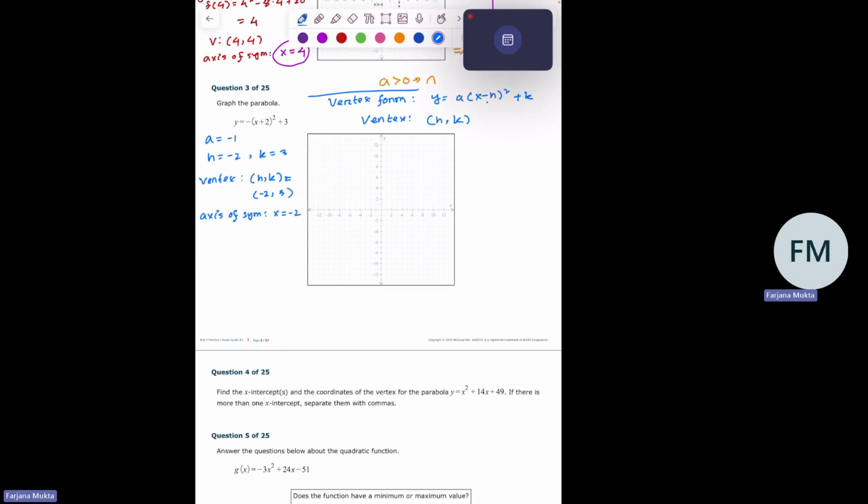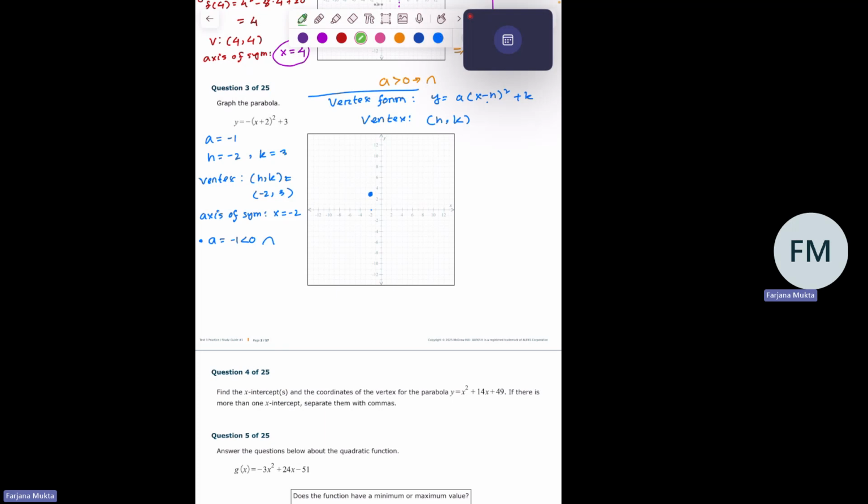Now, what else do we need? You can quickly check the opening upward and downward thing. So a here is -1, which is negative, so it's going to open downward. All right, so the next thing we need to plot it is points from left and right of the axis of symmetry. Okay, so the vertex is at (-2, 3), which is up here.